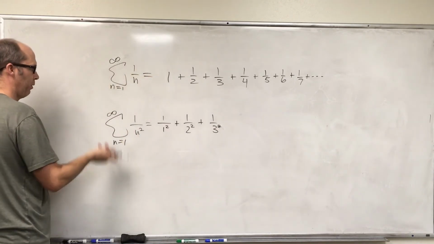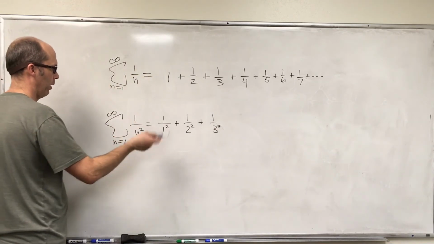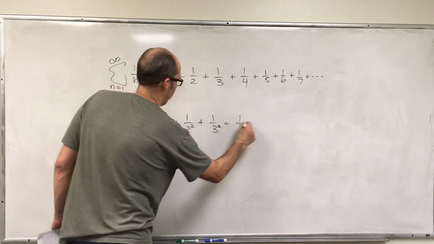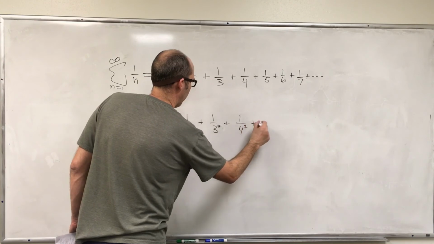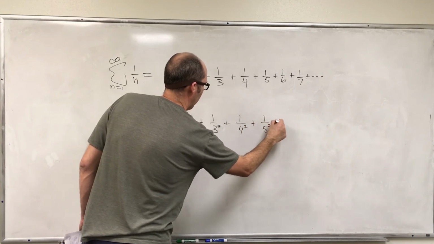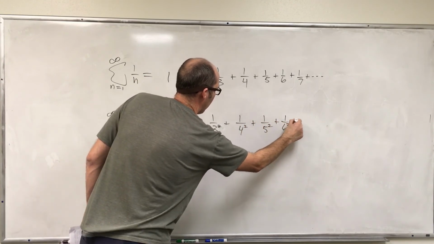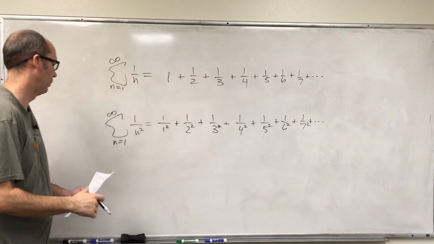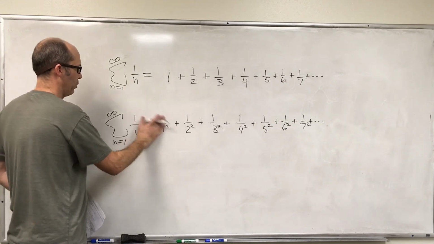The sum from 1 to infinity of 1 over n squared. I'm just going to write out the first few terms here. As we know, this is 1.